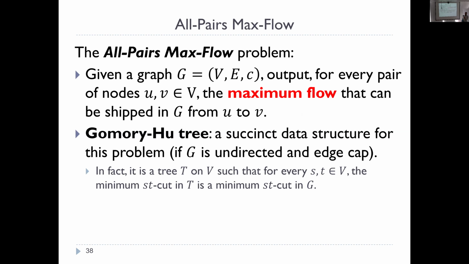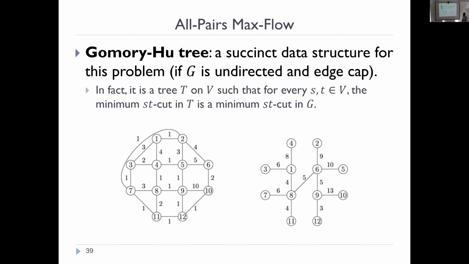What they showed is that in this specific setting, again, undirected graphs, edge capacities, there is a tree on the same set of nodes as the given graph, so that the maximum ST flow in the tree, or the minimum ST cut in the tree, is also a minimum ST cut in the graph, right? So for example, let's say we have a graph here on the left, and on the right we have its Gomory-Hu tree.